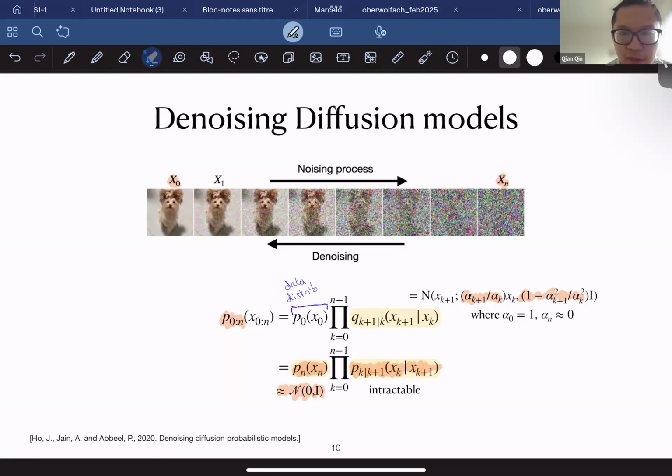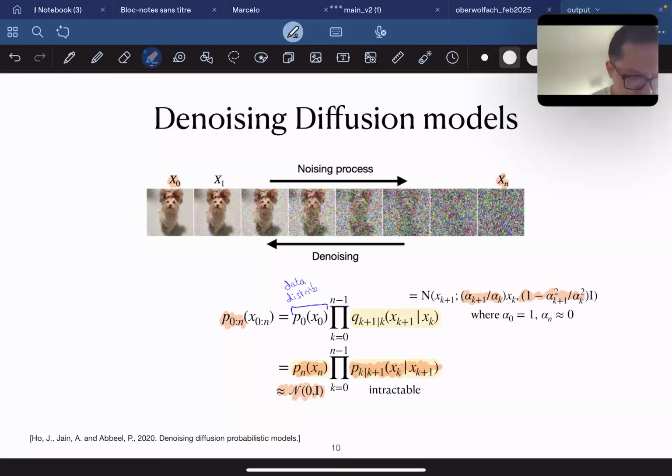So the main component is the backward process. It is somehow an ideal generative model, which is a Markov chain starting from the n-th iterate of my noising process and going backward.